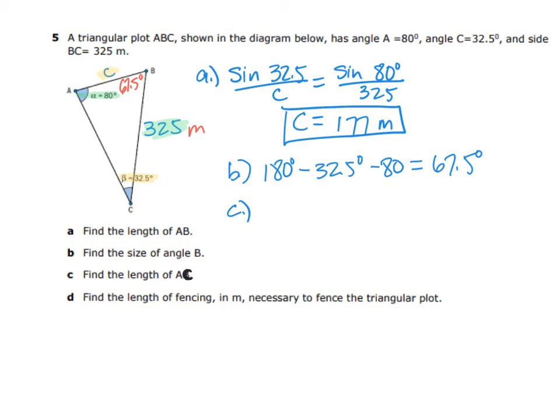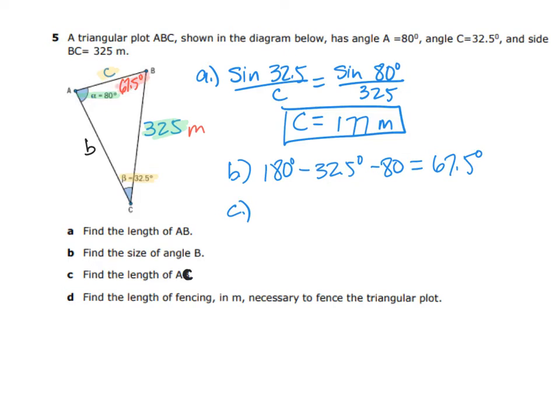Okay, so once again, to find AC, since AC is opposite angle B, let's call it little b, okay? And so to find that side, let's use the law of sines again. Let's use the green, the sine of 80 over 325. And then let me get another color highlighter here. How about red?